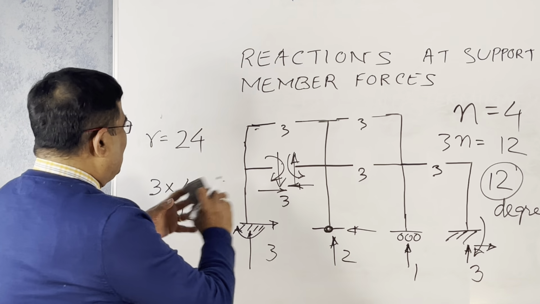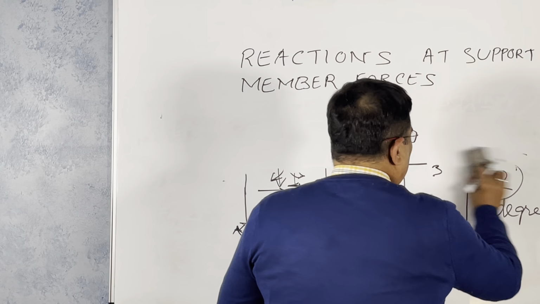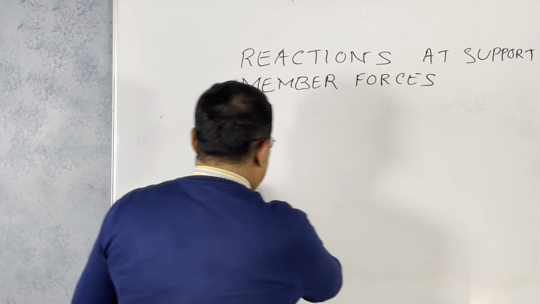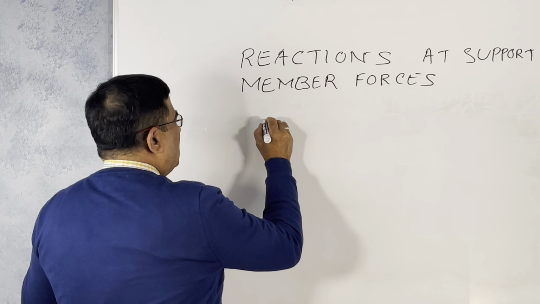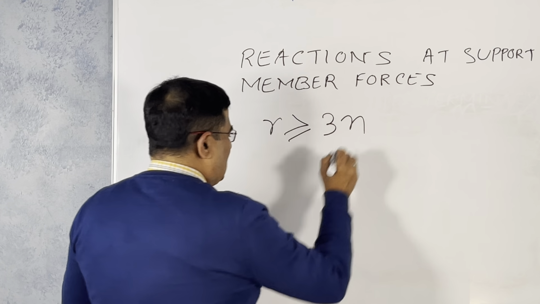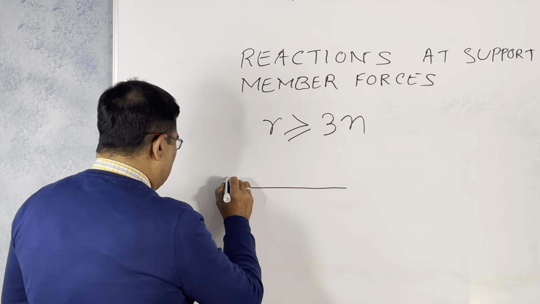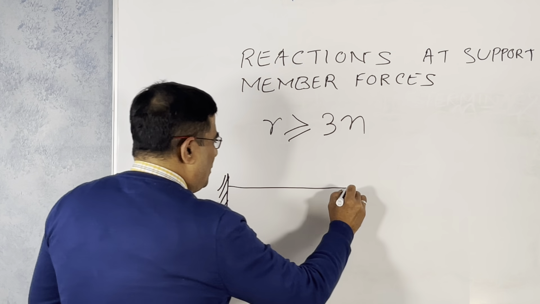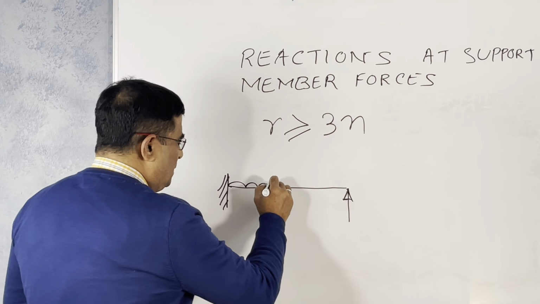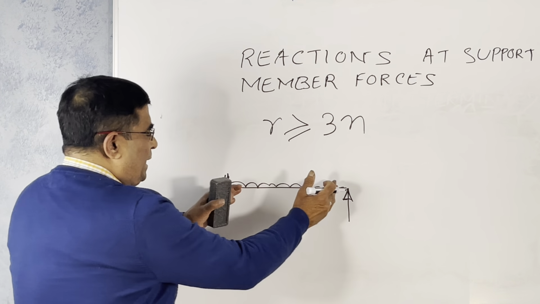Now, this general equation is very powerful, you know. That equation finds the degree of indeterminacy for beams and frames. Okay? So, R is greater than or equal to 3n. Now apply to the beam. Remember we have a beam like that. Prop cantilever. This part is cantilever, prop cantilever, there are forces there. So we say there's one element.